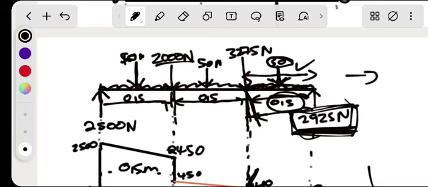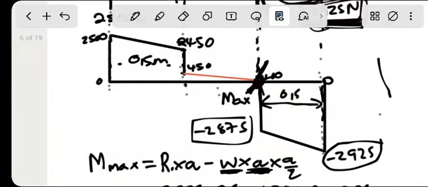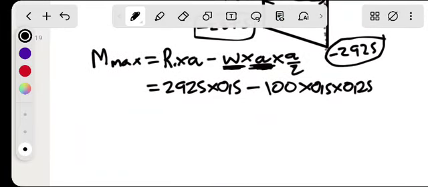We're considering this portion, our right hand side, we're considering the forces on the right, from here where the maximum bending moment is acting, as you have seen. Considering all these forces, we use our bending moment because it's acting there. So I'll get this maximum bending moment to be 1,450 Newton meter.